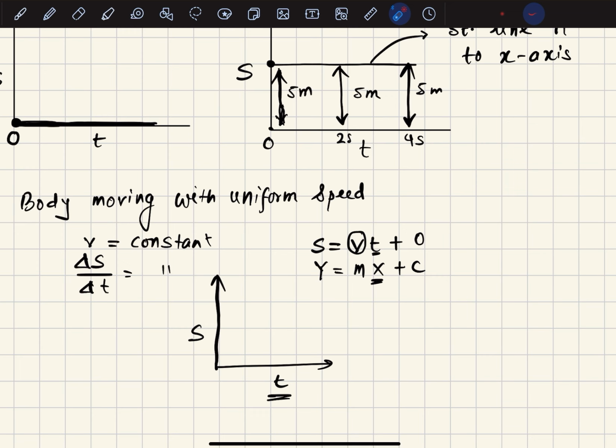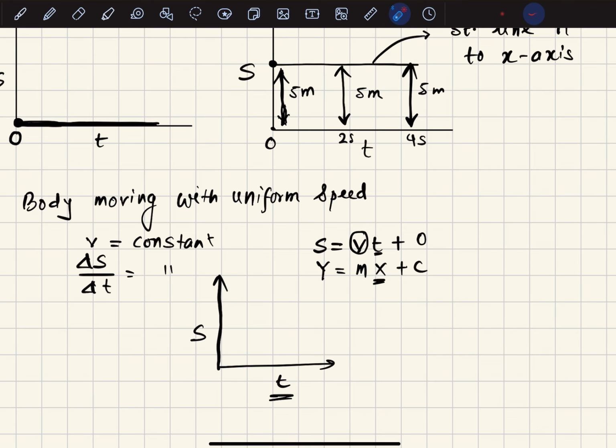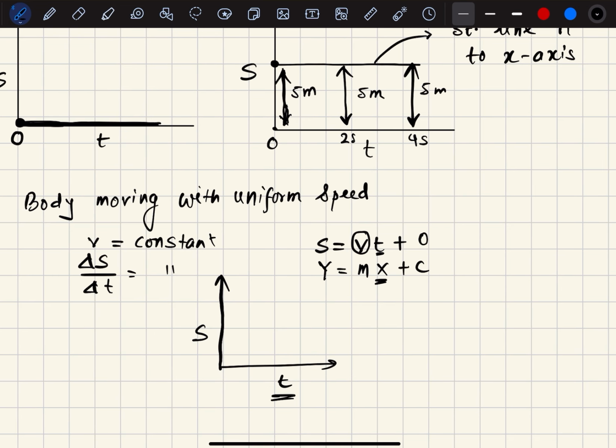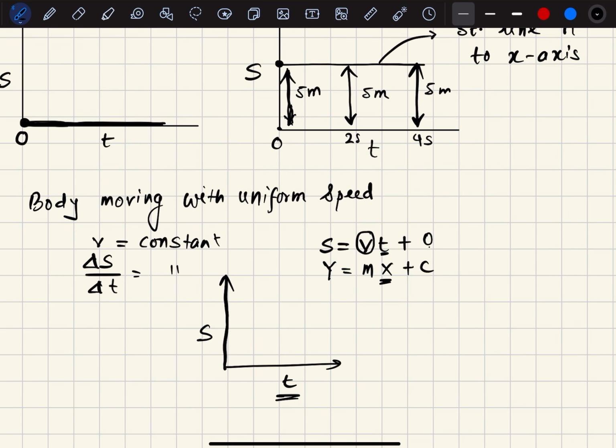So it is falling in the equation of a straight line. And if you see this, the intercept, that is c, is equal to 0. So the line will pass through the origin. A straight line through the origin. Okay, you can write this down.